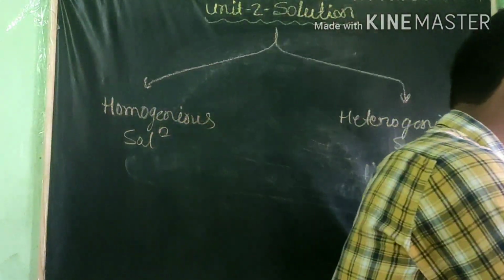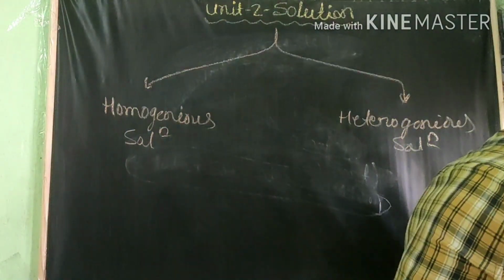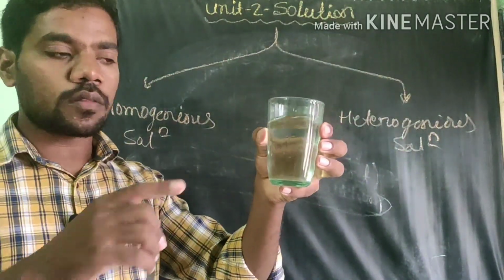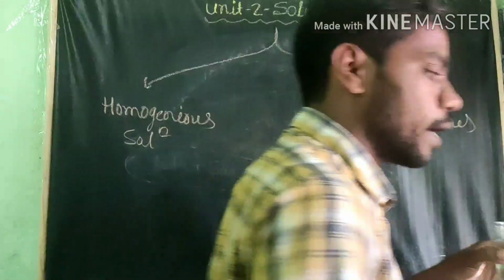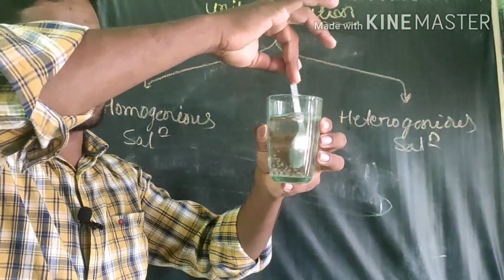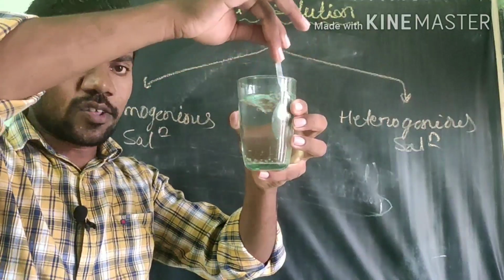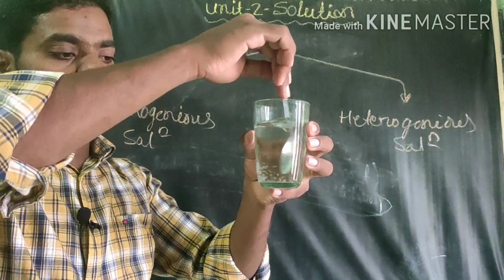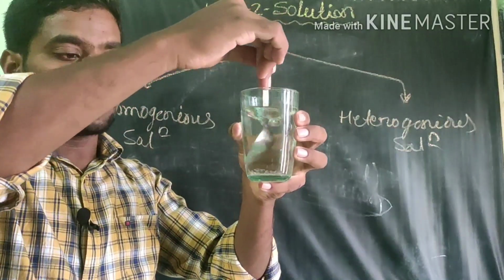Now I have my sugar solution also. You see here, this is sugar solution, completely dissolved. You add some more sugar. I have added some more sugar. The sugar is completely soluble in the solvent. ನೋಡ್ರಿ, ಈ solvent ನಾಗ sugar completely soluble ಆಗ್ತದೆ.